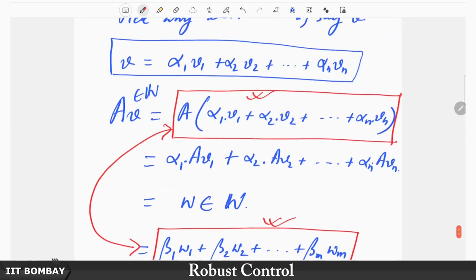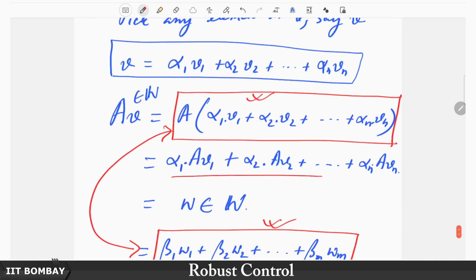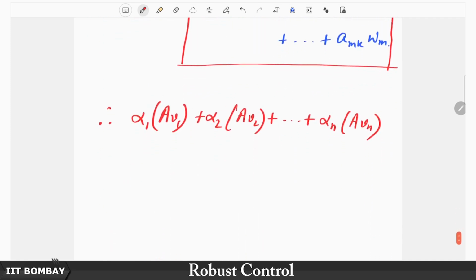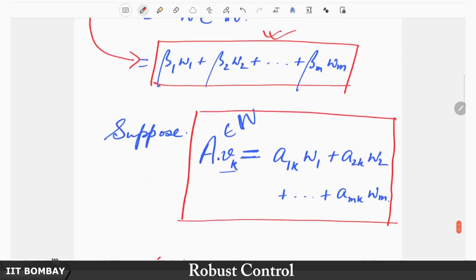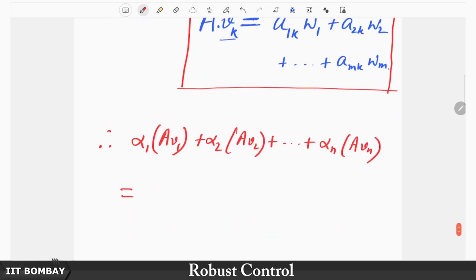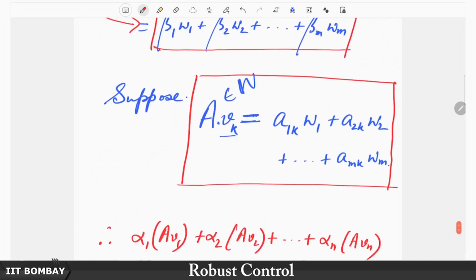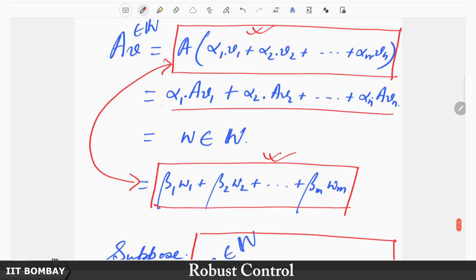That is nothing but just a rewriting of this line. This is equal to beta 1 W1 plus beta 2 W2 plus dot dot dot till beta m Wm, just combining these two steps, or maybe even these two steps, whatever you will.